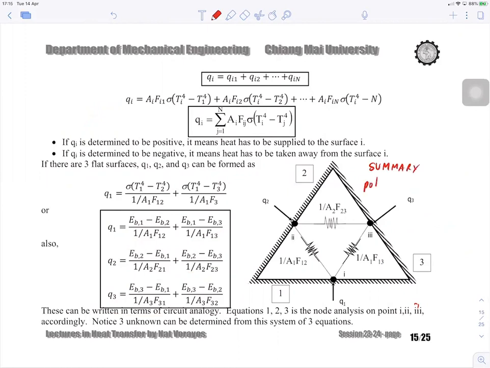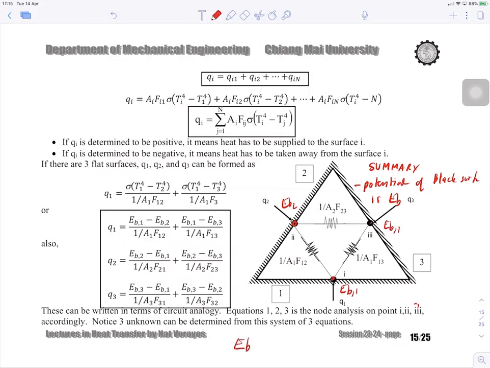Okay, potential of the black surface is EB. For example, here is EB2, here is EB1, and this is EB3.